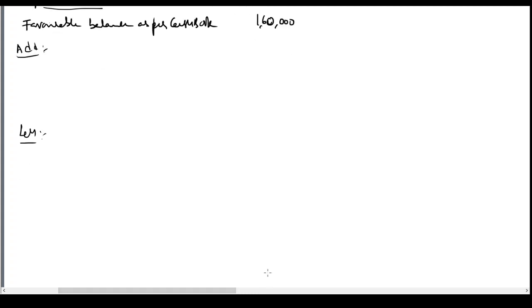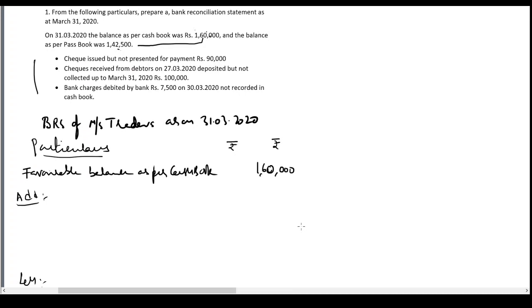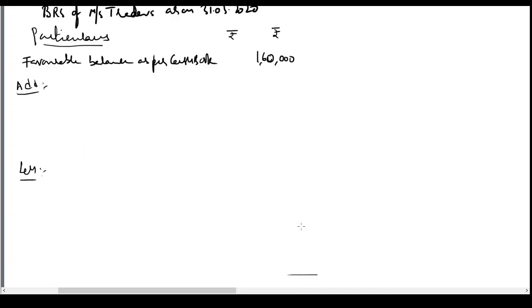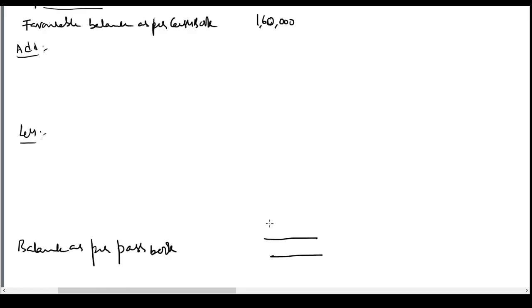I already know the answer. I have to make it equal to the balance as per passbook. How much was it? It was 1,42,500 rupees.